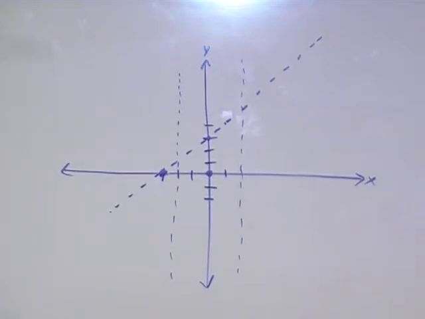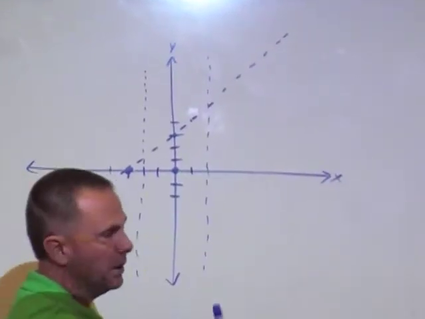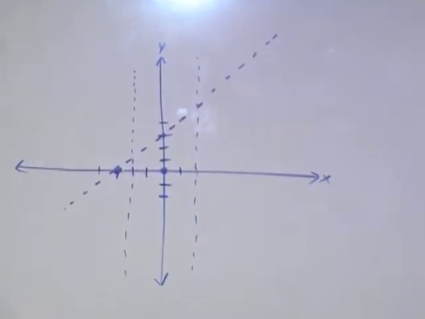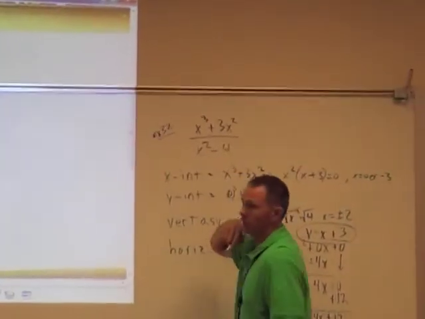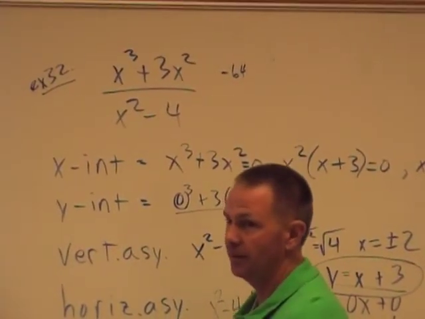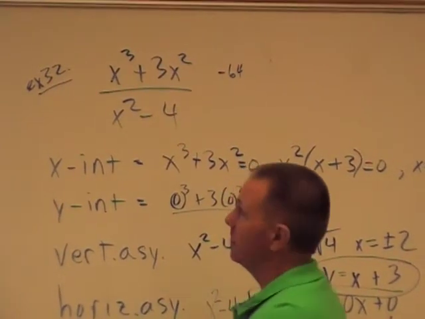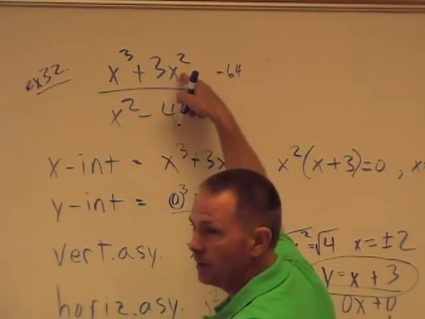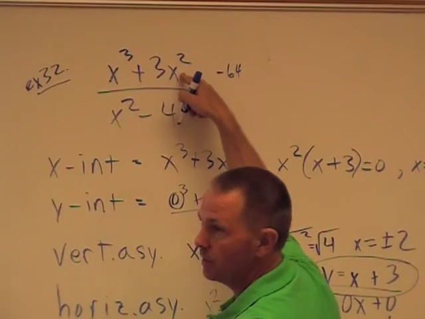The question is, what does it look like? Well, let's plug in some values. If I plug in -4, what do we get? And let's actually figure out what it is. -4 cubed is? Don't hurt yourself. Okay? -4 squared is 16, times 3.